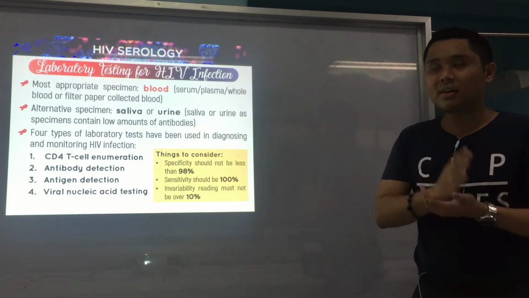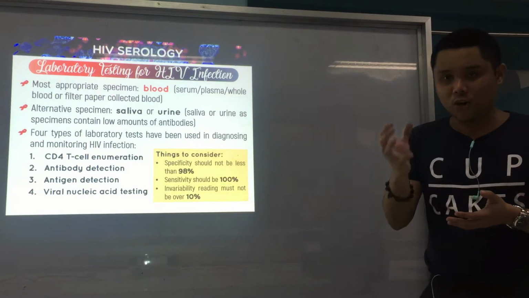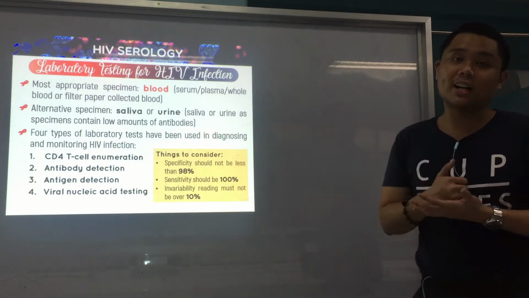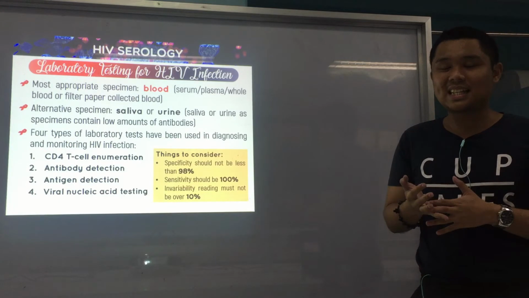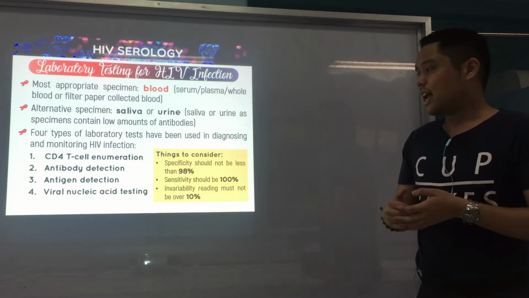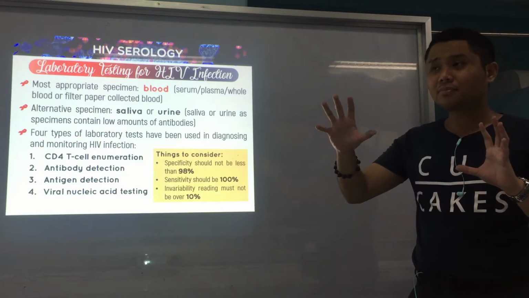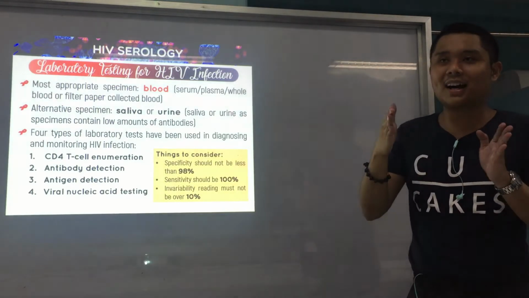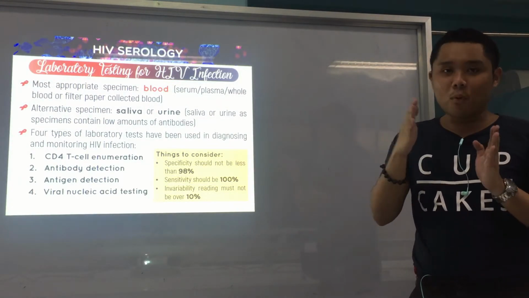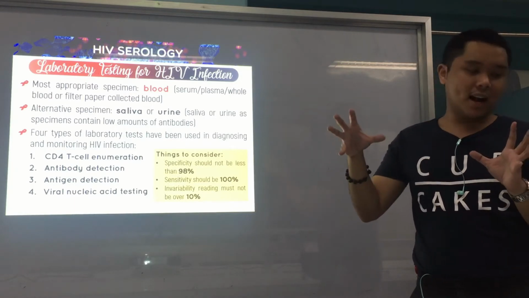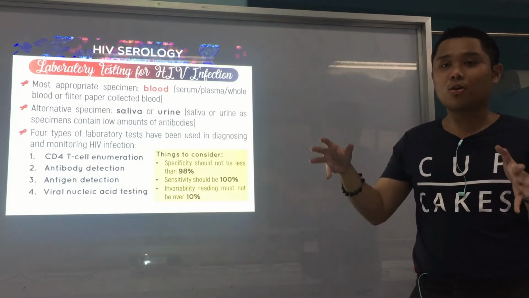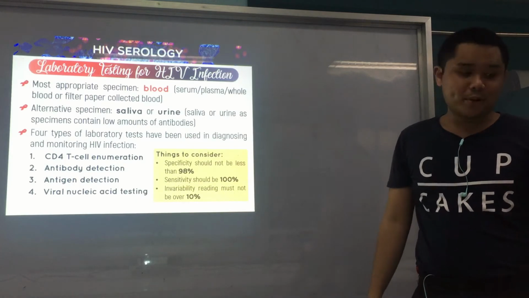So it is very important that it is sensitive, detecting even low concentrations as early as possible. That's why the sensitivity should be 100%. And invariability reading must not be over 10%, meaning the difference from one test to another should be small, not greater than 10%.